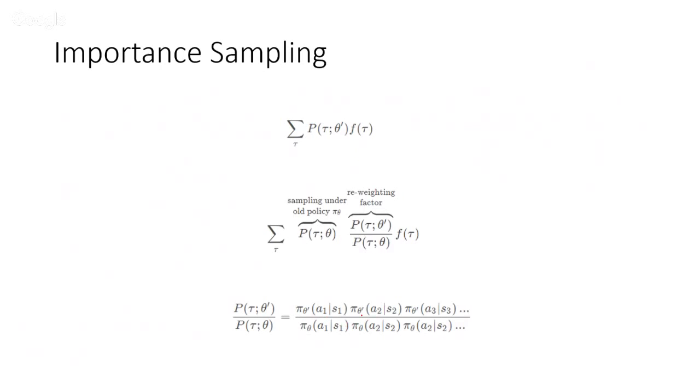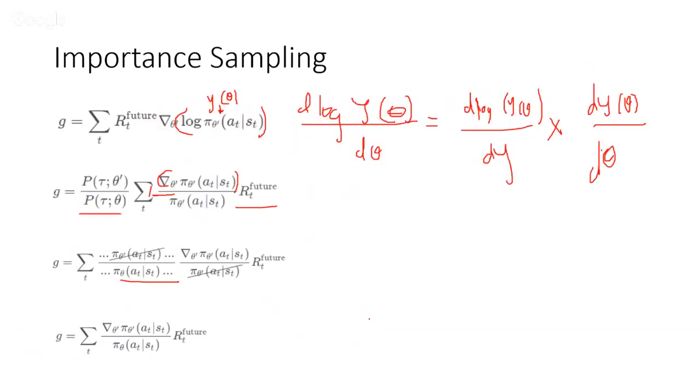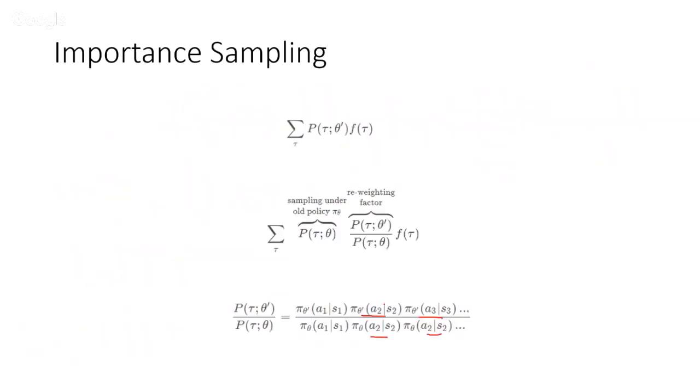Where did this go? We assume that this ratio is closer to 1. They are not equal to 1, but the change from theta to theta prime isn't that large, so the probability of having this action isn't very different from the probability of having the old action. So the ratio is almost 1.